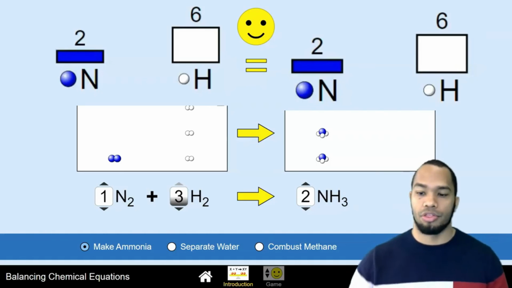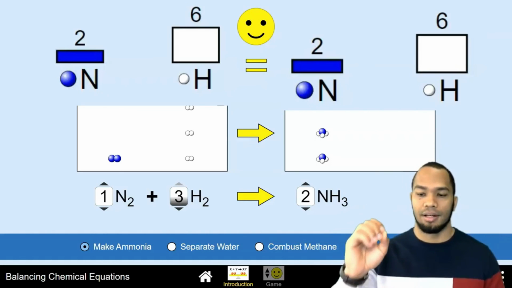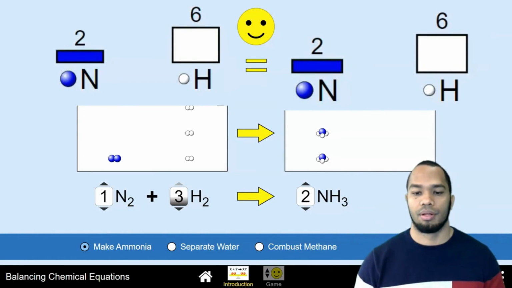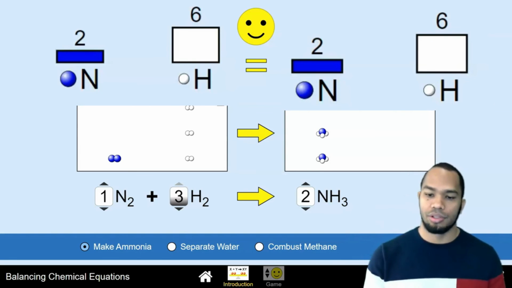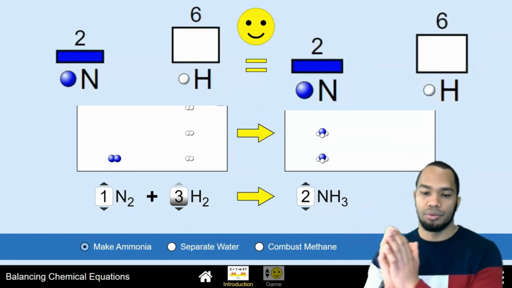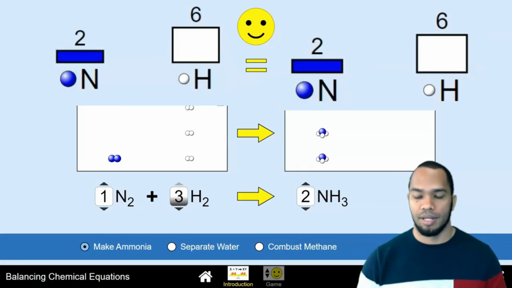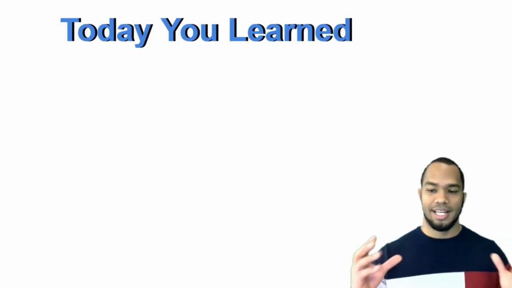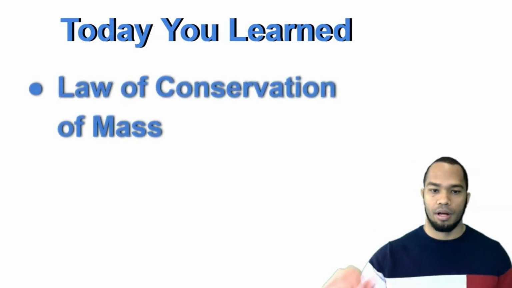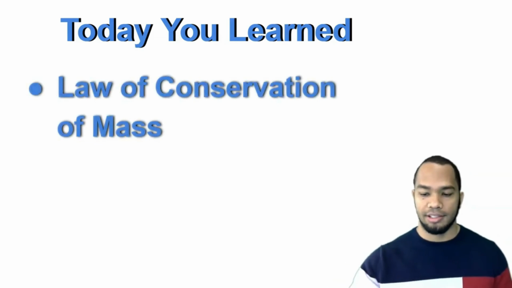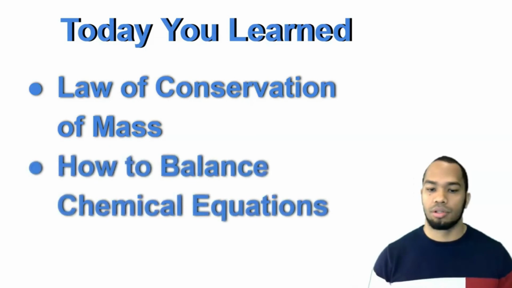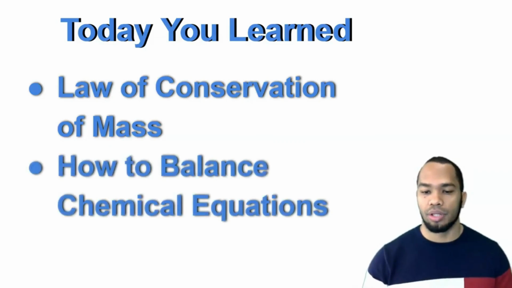And we need 3 sets of H2. And that is going to yield 2 molecules of ammonia, NH3. Today you learned about the law of conservation of mass, and you learned how to balance chemical equations.